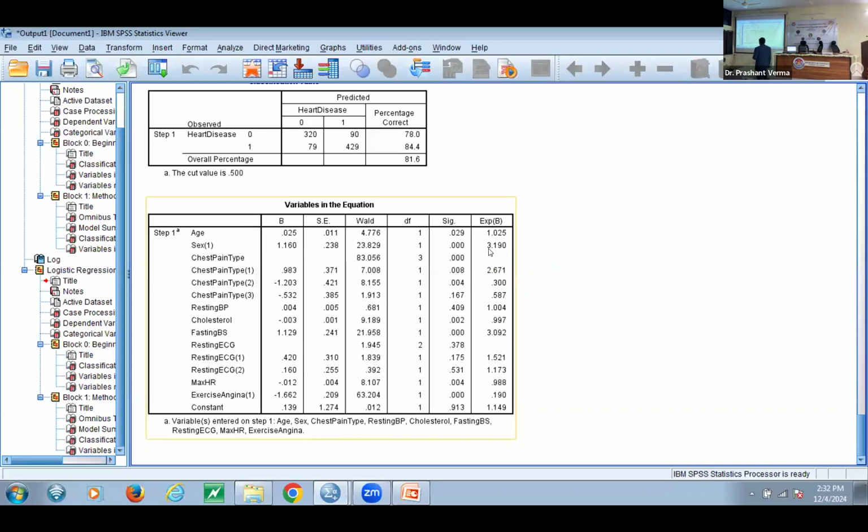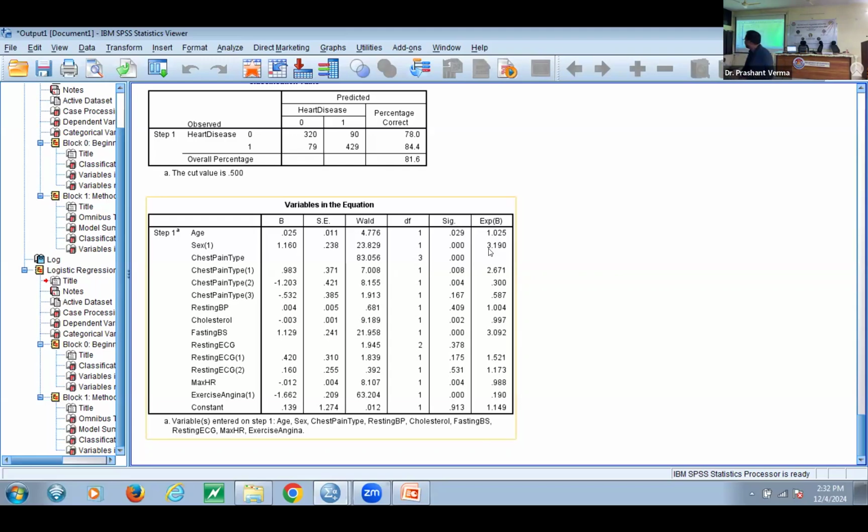In terms of probability, we usually say it's 3 times. If you say it's 319%, can we say that? Usually we talk about a maximum of 100%, though we can say 300%. There are two ways of explaining it: in terms of multiplication or in terms of percentages.